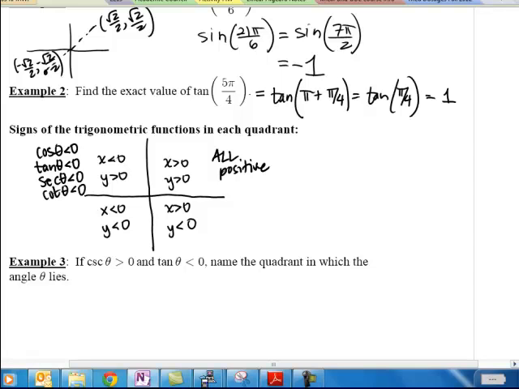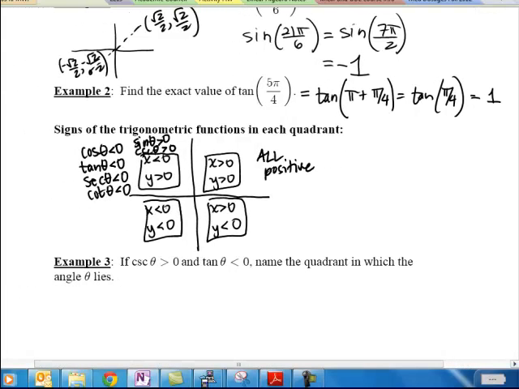But sine and cosecant only involve y. So sine would be positive and cosecant positive. But the key is to remember what the sign is on x and y, and then how the trig functions are related to x and y, and then just go with that.